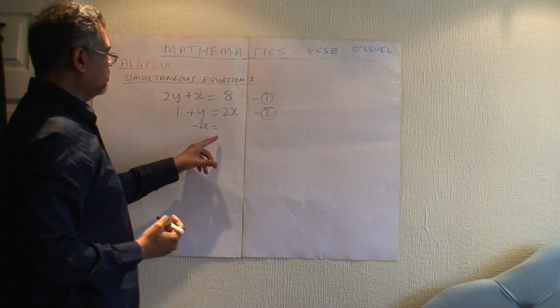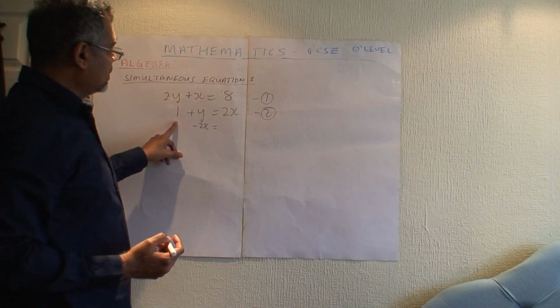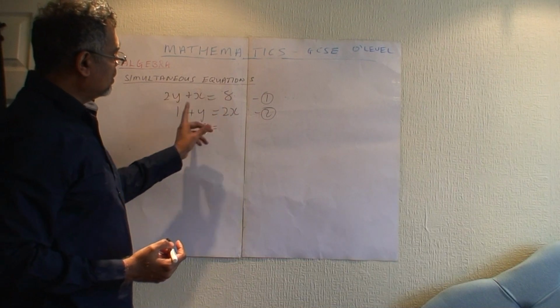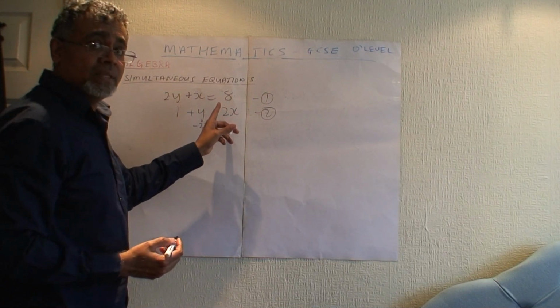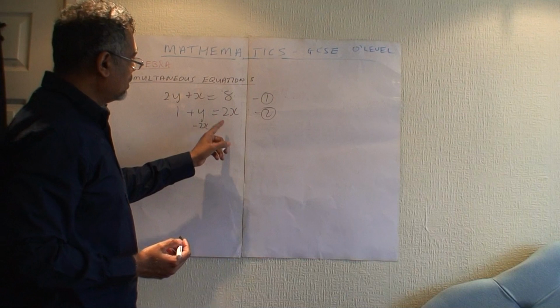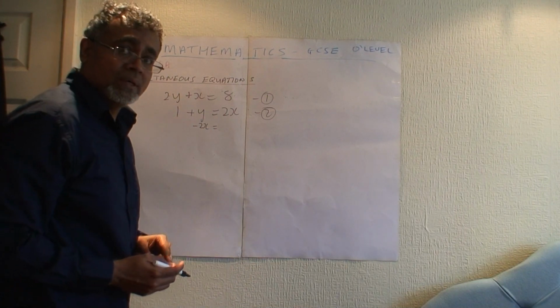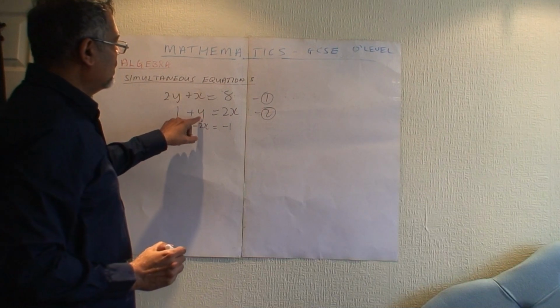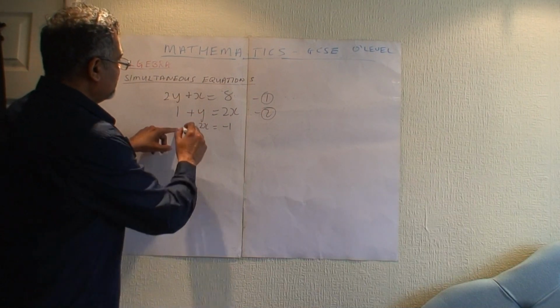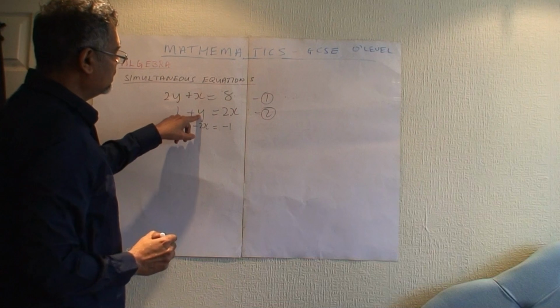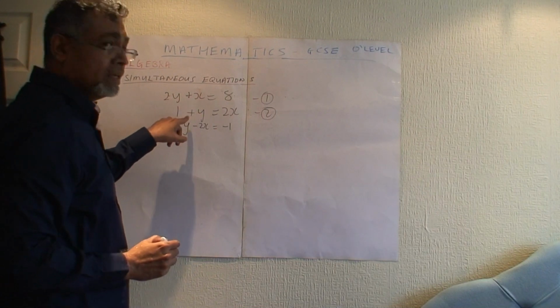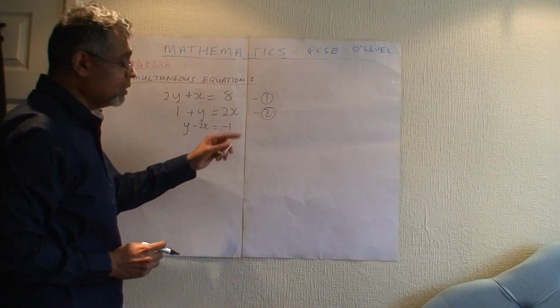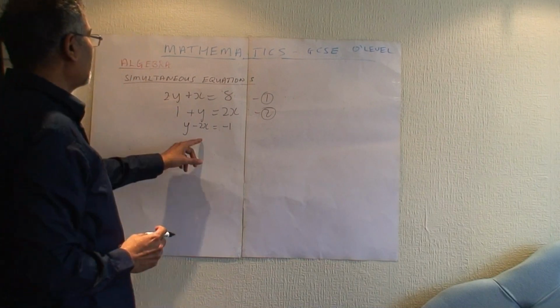We have a 1 on this side, and we want to bring it to the right side of the equal sign, like how the 8 is there. This positive 1 becomes a negative 1. And y is already on the left side, so we leave y like that. It is positive y, because it's on the left side. We have not moved the y onto the right side.